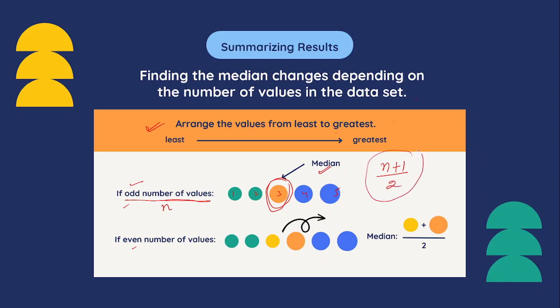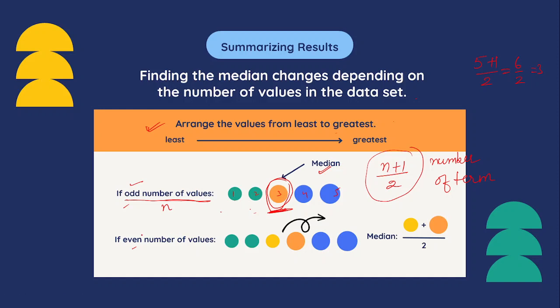This will tell you the number of the term, and that term will be the median. For example, here you can see 5 values. So 5 plus 1 by 2, 5 plus 1 is 6, by 2, that is 3. So the third value will be the median.